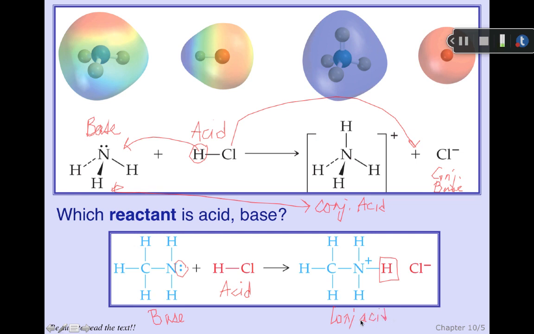The chloride ion is the, I'm going to abbreviate now, conjugate base for HCl. Another pair. There are lots of different possible examples. Just trying to give you some more examples so these become more familiar for you.